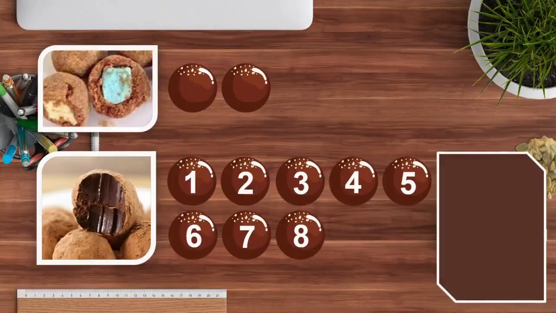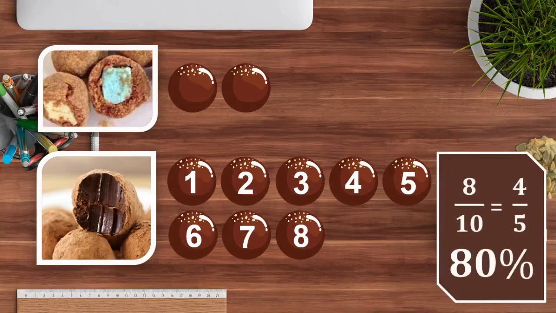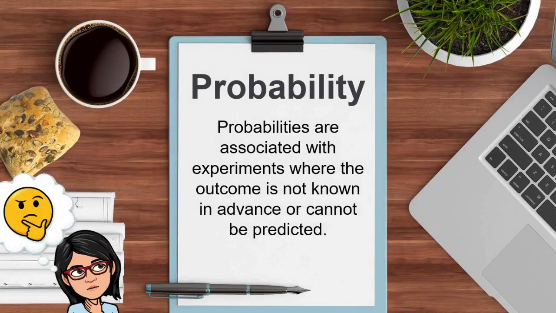So if we reduce that to lowest term, we have 4 over 5, or if we convert it to percent, we have 80%. A big 80% chance of getting the gram ball that we want, or your favorite kind. Okay, so based on this example, let us define probability.